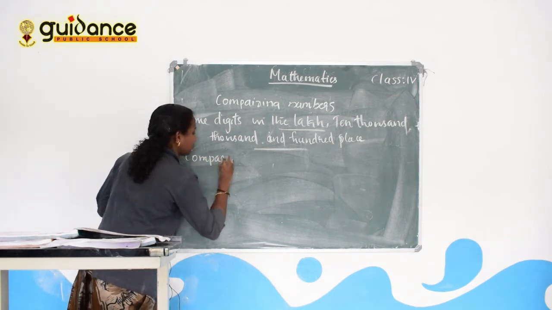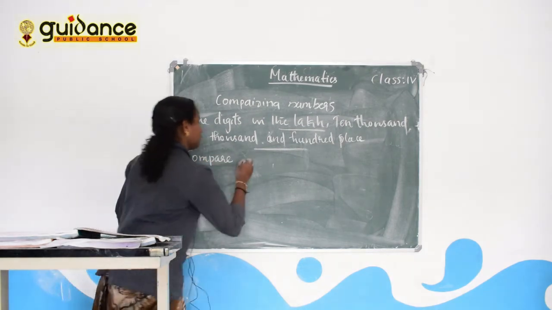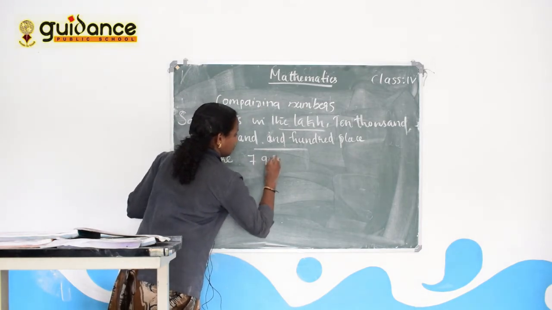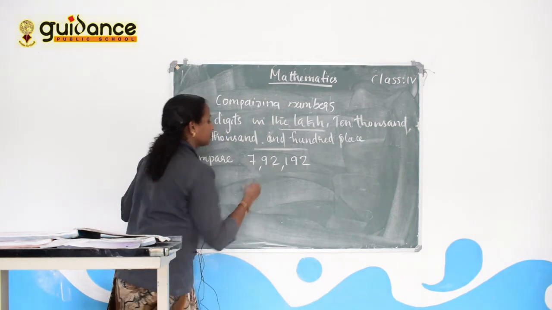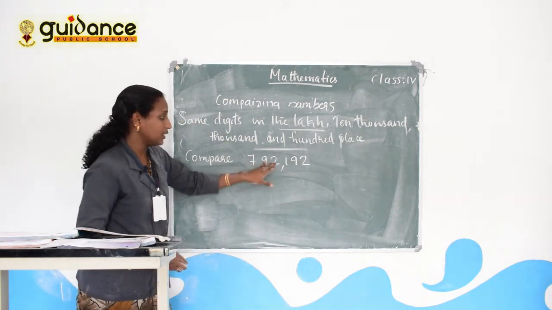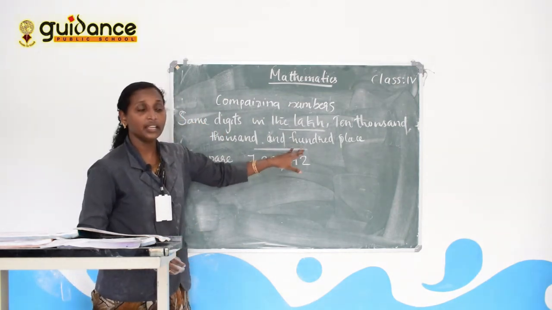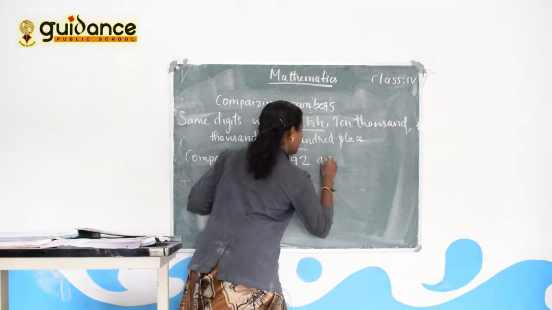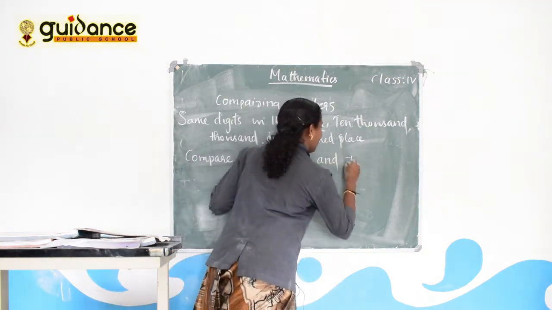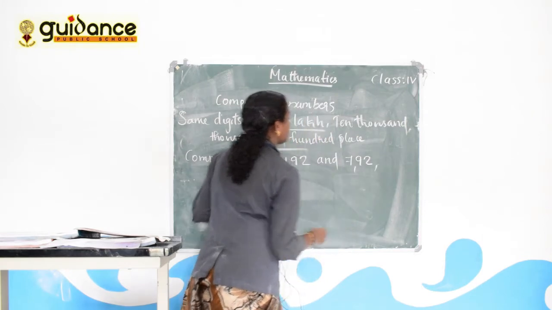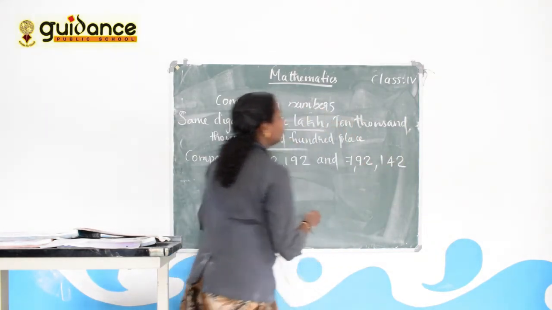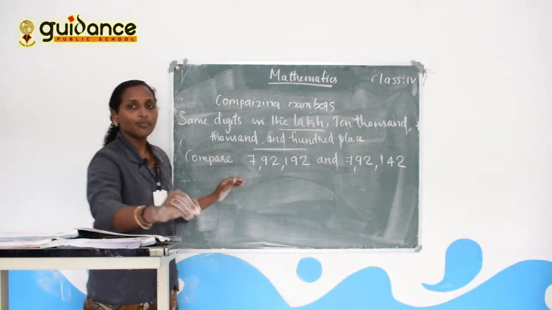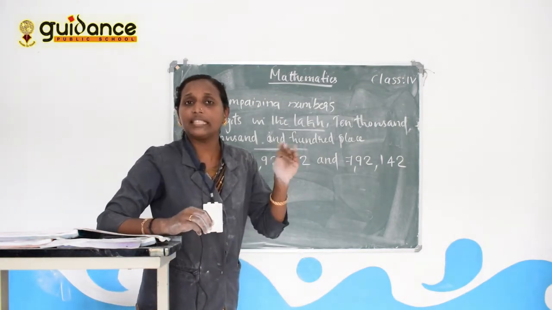Compare 7,92,192 and 7,92,142. So we are comparing the numbers with equal digits.